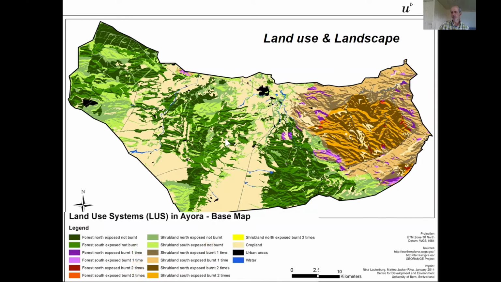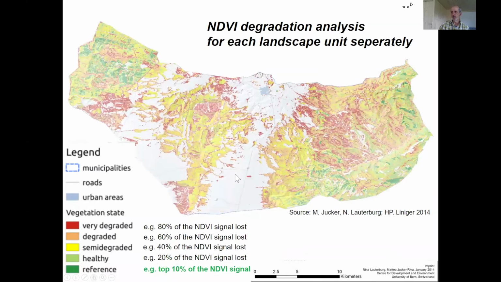So, sorry, this a bit bigger, so that you see the legend a bit better. And this is the same assessment that we have done in Mongolia, looking at each of the landscape units, how much we have lost in terms of the potential for the NDVI.